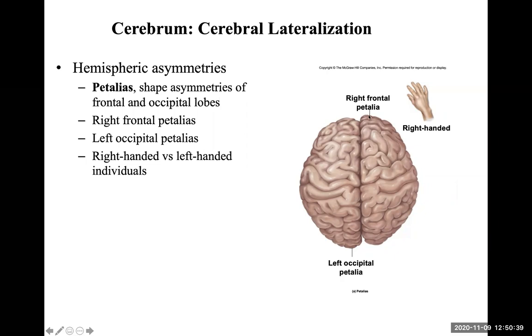The frontal portion of the right hemisphere is almost like having ever so slightly crooked teeth, right? This hemisphere is set forward a bit farther in front than the left frontal hemisphere. And then in the back, there's a left occipital petalia that can also occur. That means the same thing as the right frontal petalia: it goes out a bit further and doesn't line up perfectly.